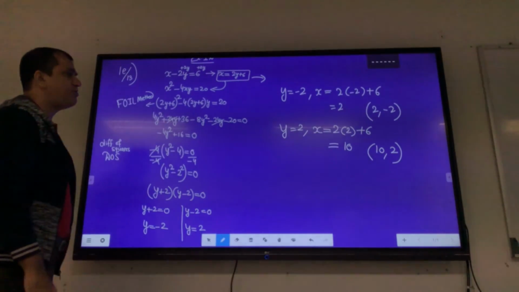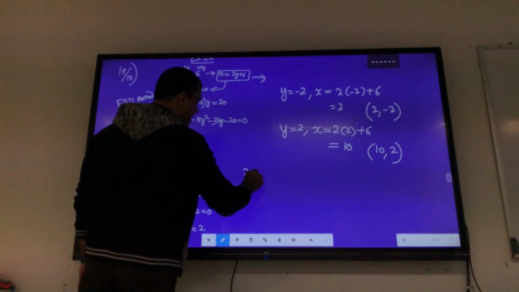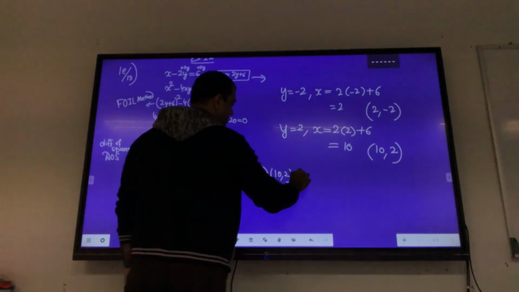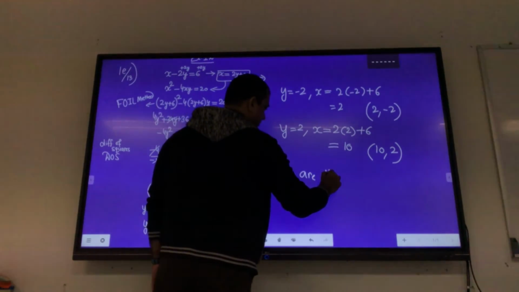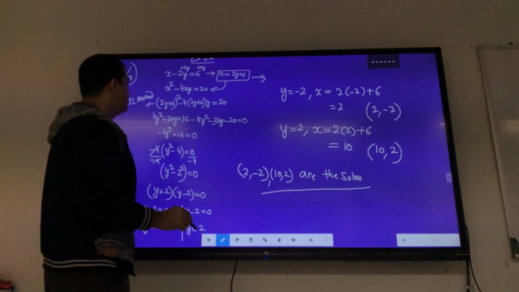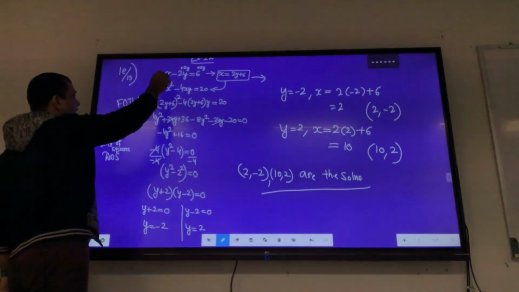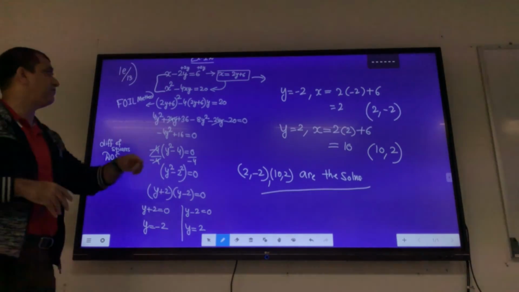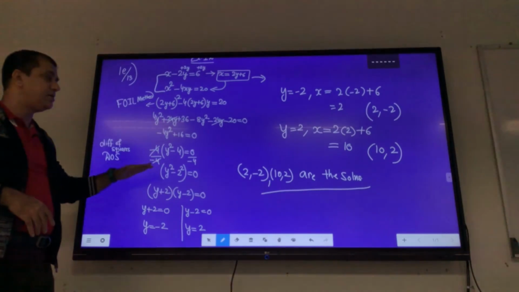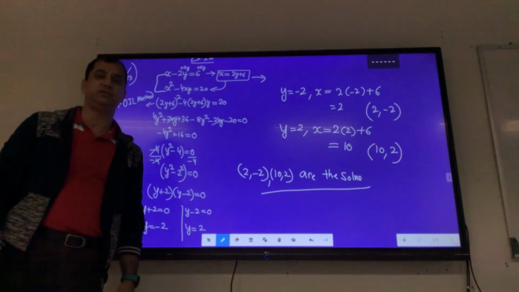These are the solutions: (2, minus 2) and (10, 2). Our target was to solve these two equations simultaneously to get the points of intersection of this curve with this line. We used the method of substitution and ultimately got (2, minus 2) and (10, 2) as the points of intersection.